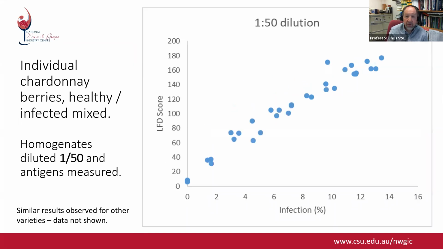If we take the same homogenate though, and we dilute it, we're able to flatten out the curve, if you like, and we get more of a linear relationship. So if we go into this 1 in 50 dilution, then perhaps we've got some possibility of using this technology to more accurately predict or to quantify how much Botrytis is present.